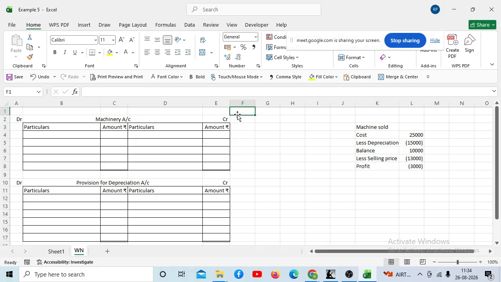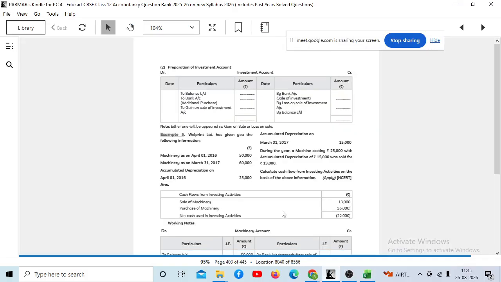Every time we are solving an investing activity question, we have to make accounts, if they have given some information regarding the assets. Like here there is information that one of the machines is sold out.